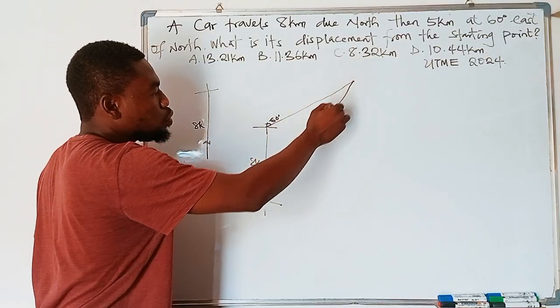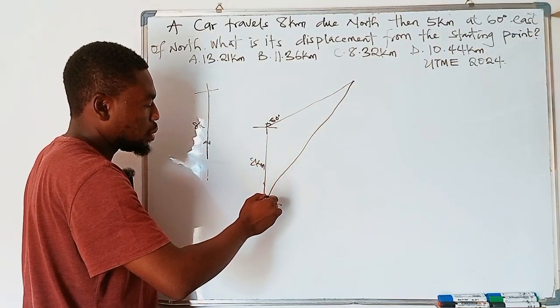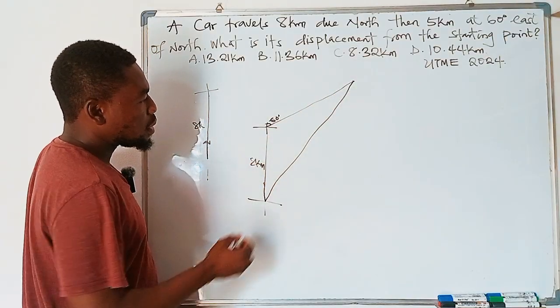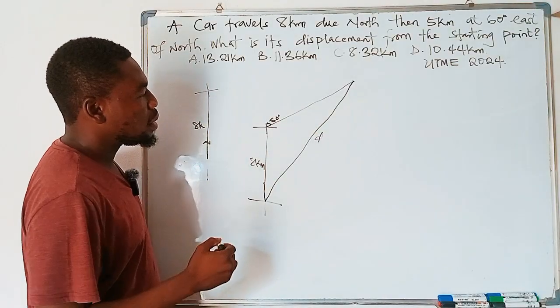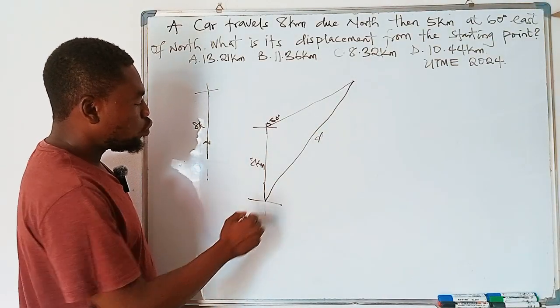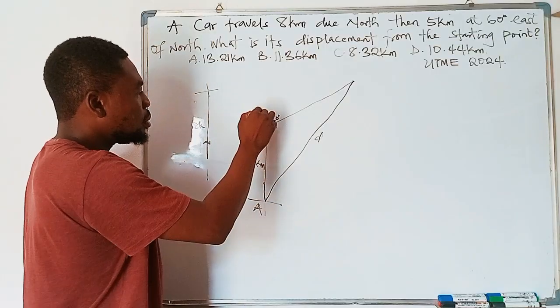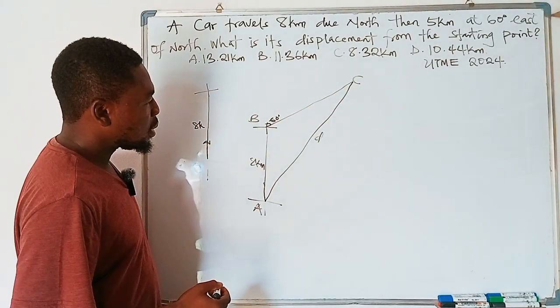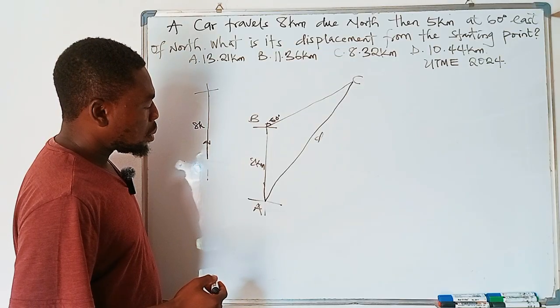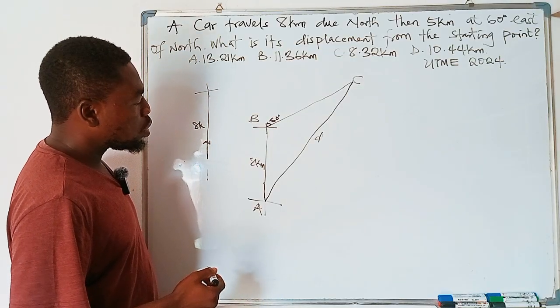So the displacement will be this distance. Let's say D. Let's use D as the displacement. If we label this as A, B, C as the angles, okay, this is what we have.